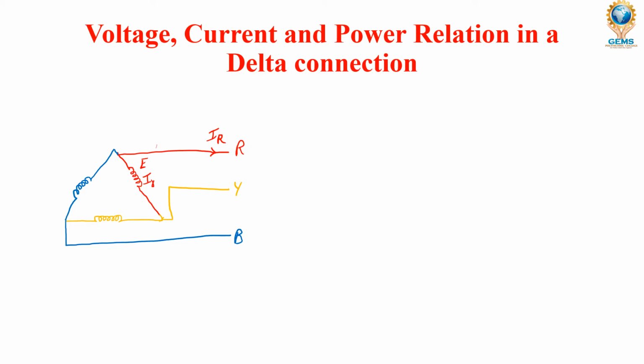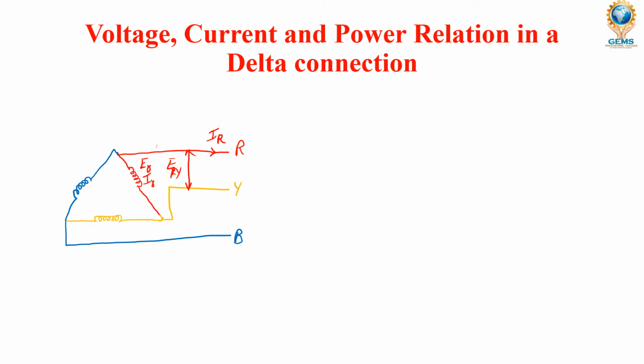At the same time, E capital R is the line voltage. Here the voltage we have to take between these two phases. Yes, here the voltage is ERY.